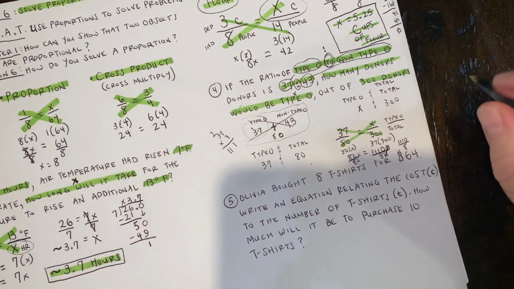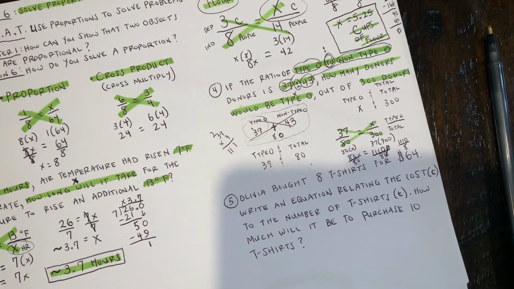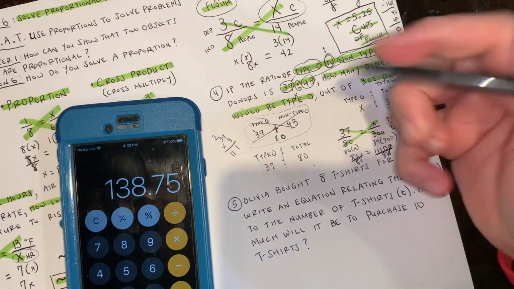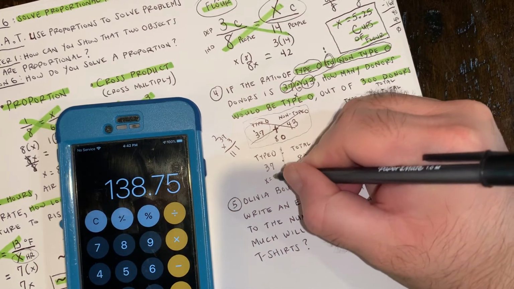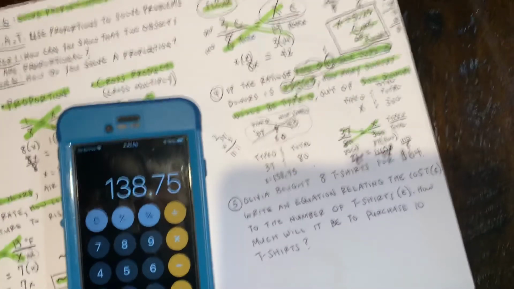If I put that in a calculator really fast, 1,110 divided by 8 gives you 138.75. So x is equal to 138.75.